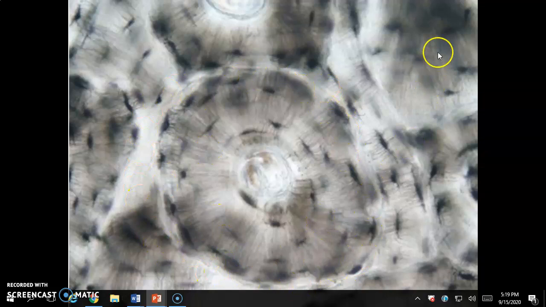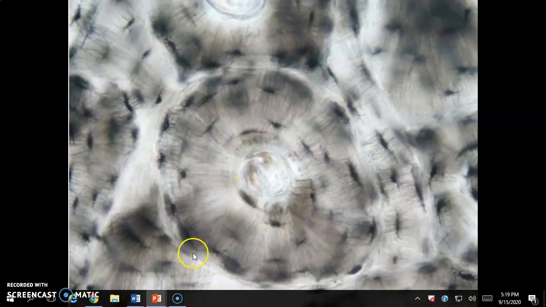So one osteon, and then you can see parts of others around the edge here. In this particular osteon, we want you to be able to identify the parts of the osteon, where the cells are, the structures that provide a place for blood to get to various cells in the bone tissue, and so that's our osteon.